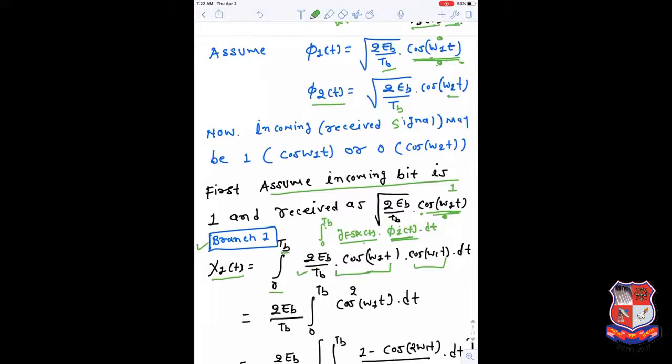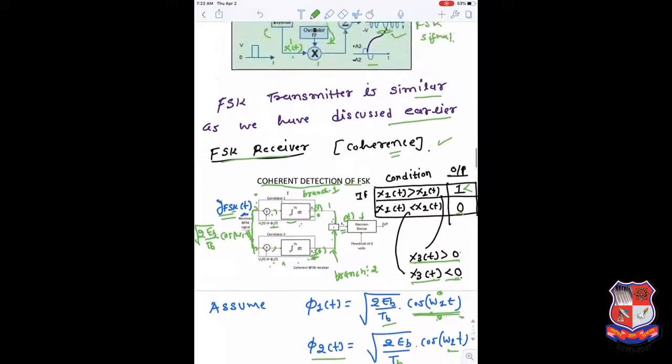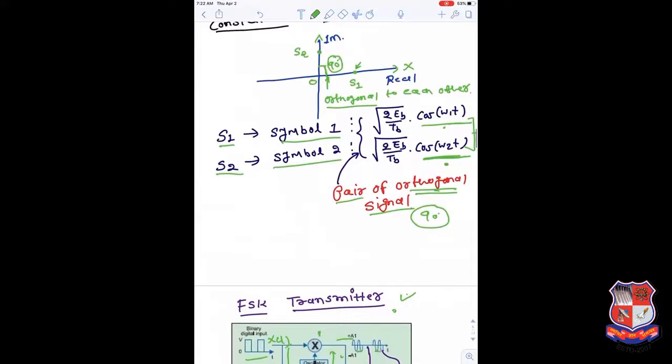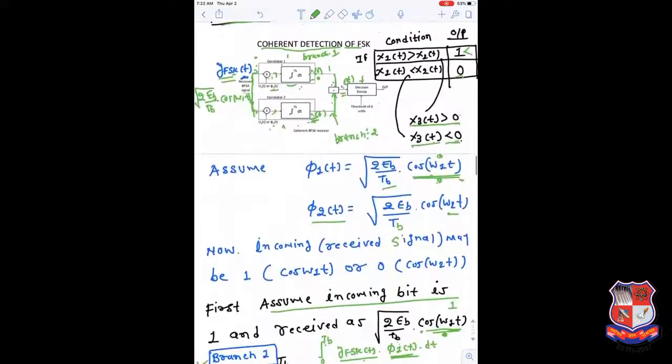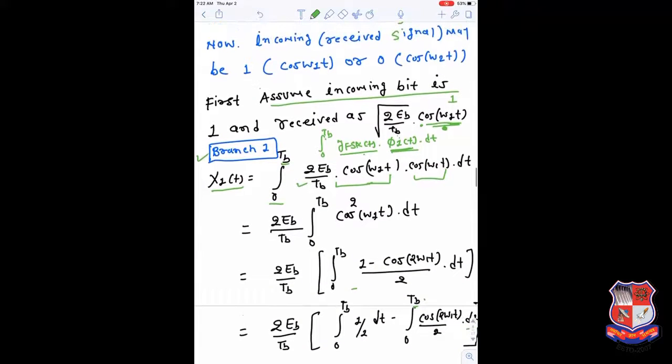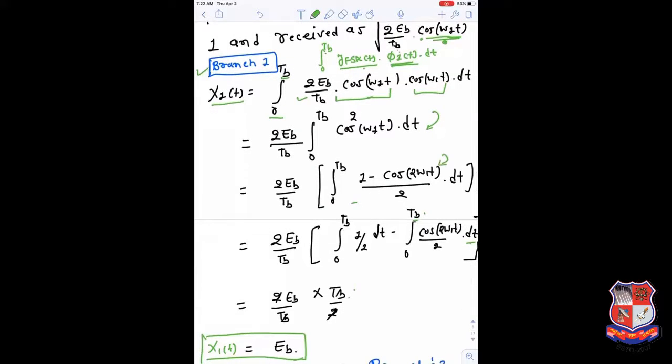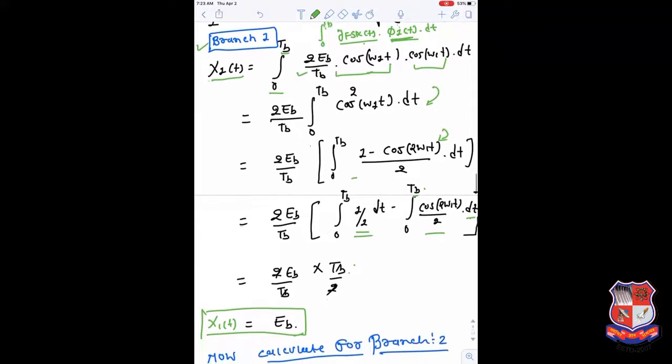So phi 1 of t is square root 2 EB by TB, and the original signal is also square root 2 EB by TB cos omega 1t. Both are multiplied and we get 2 EB by TB cos square omega 1t. If you simplify this further, it is (1 minus cos 2 omega 1t) by 2, and we can separate it into two branches. So we have the integration of 1/2 and the integration of minus cos 2 omega 1t by 2.